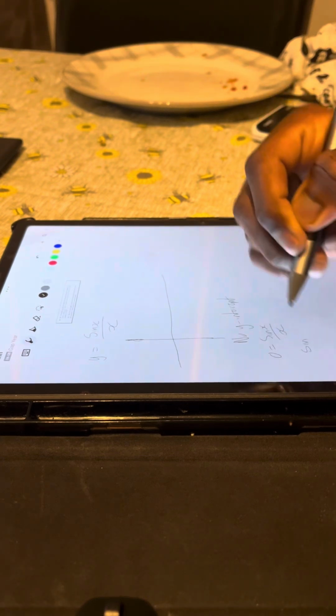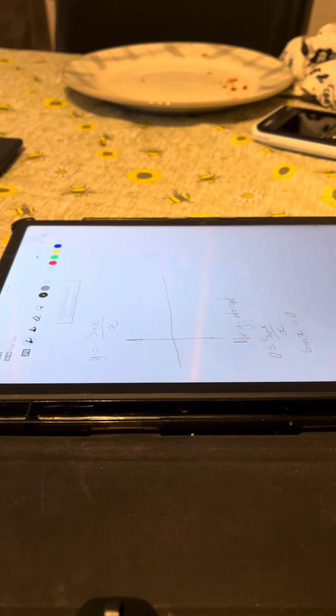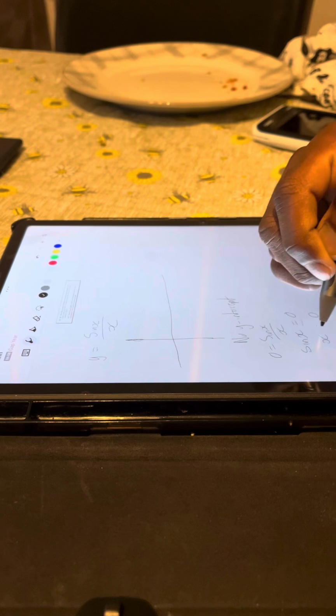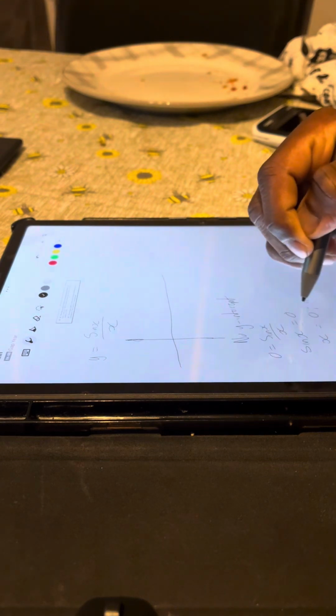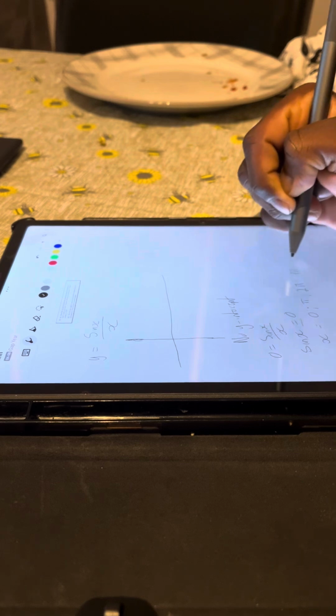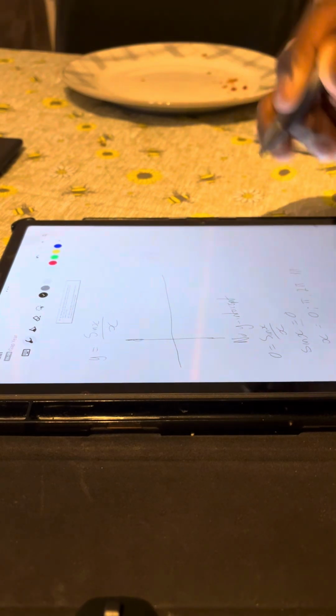So basically, since x is not 0, sine x would equal 0, and arcsine, that will be 0, pi, 2 pi, 3 pi, and so on.